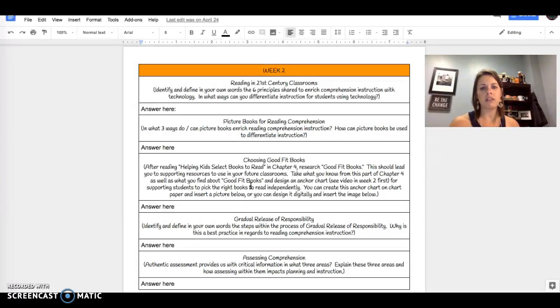So in what ways can you differentiate instruction using technology? We talk about enabling all students to participate and engage more deeply. Many of our schools are one-to-one, or at least have technology resources where students are able to e-read, so having those things accessible for them means they're all engaged at higher levels.